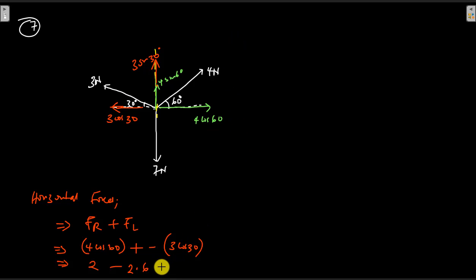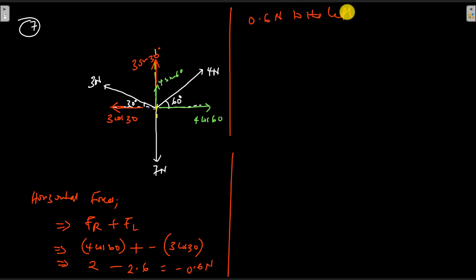And so the result here is negative 0.6 newtons. So this means 0.6 newtons to the left. That's all we have in the horizontal.